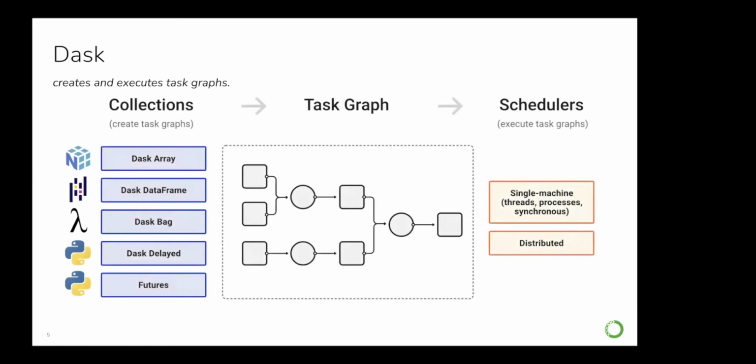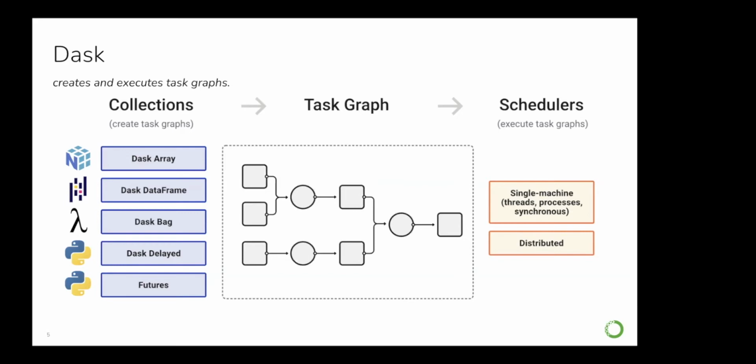So how does one create the task graphs for Dask? This is the collections side. On the left side of this diagram, we have the various Dask collections. There's Dask array, which is a way to operate in a NumPy style to generate Dask task graphs. Then there's Dask data frame, which is a pandas style way to generate task graphs.